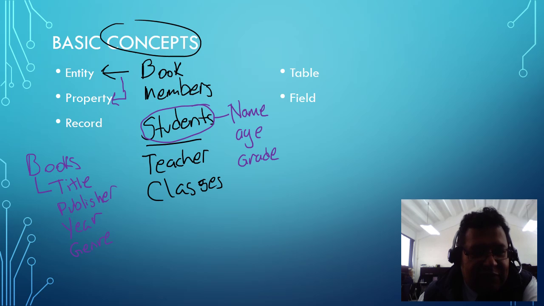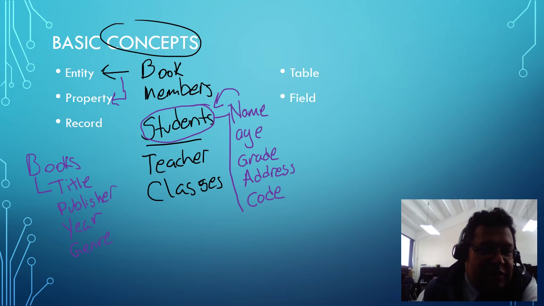Students can have, for example, address, their code. All right, and all of these properties really describe a member of the group, a member of the entity. They describe the entity. All right, so that's entities and properties.